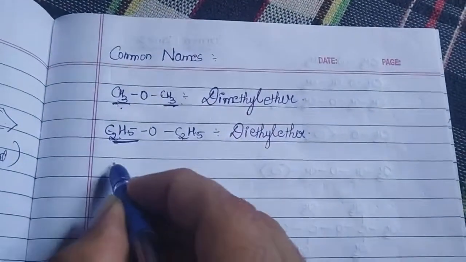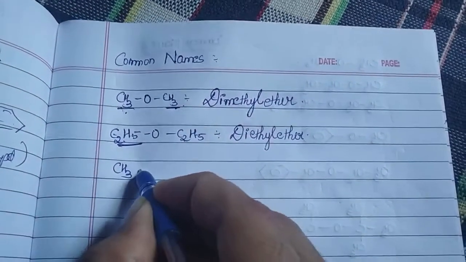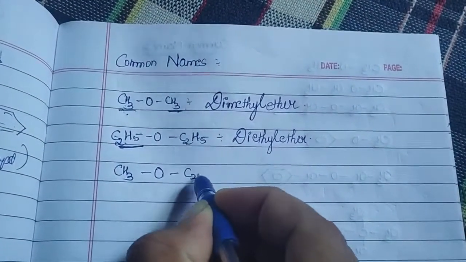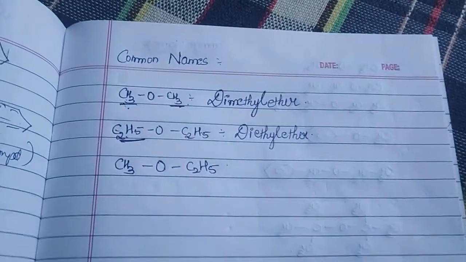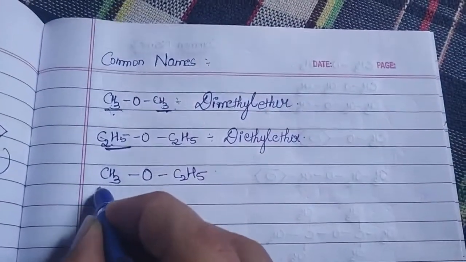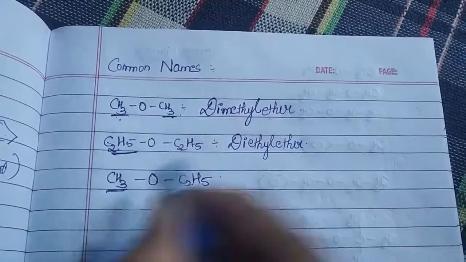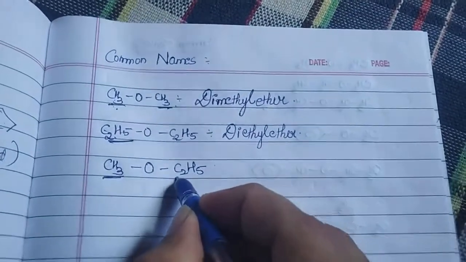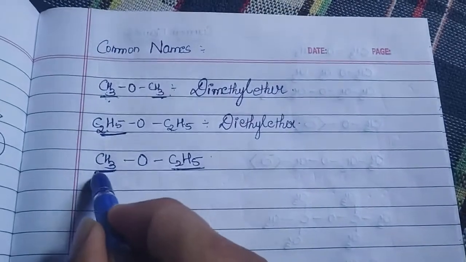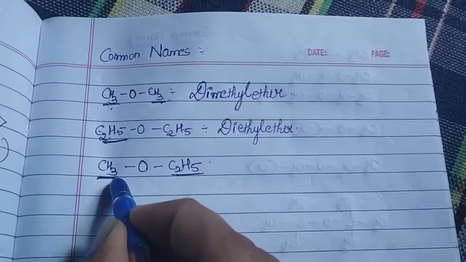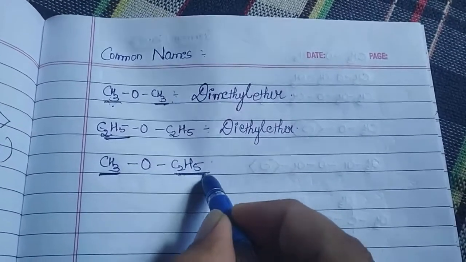If I take an example of CH3OC2H5, how can I write this now? According to the common name, this part is called methyl, whereas this one is called ethyl.